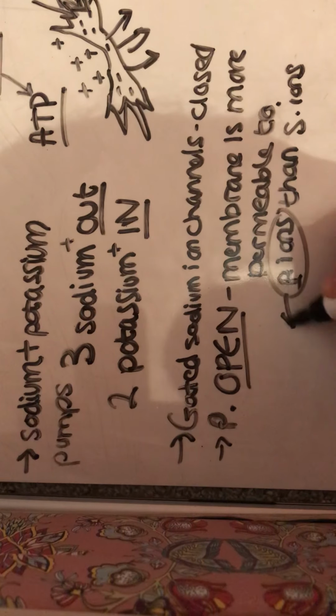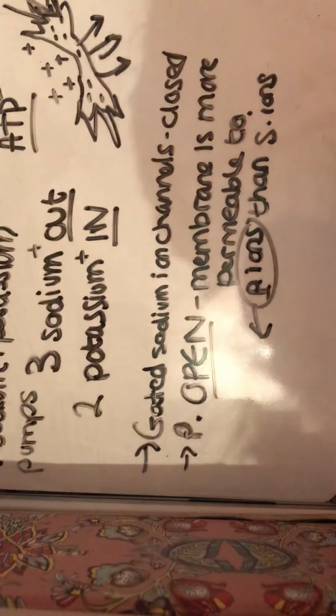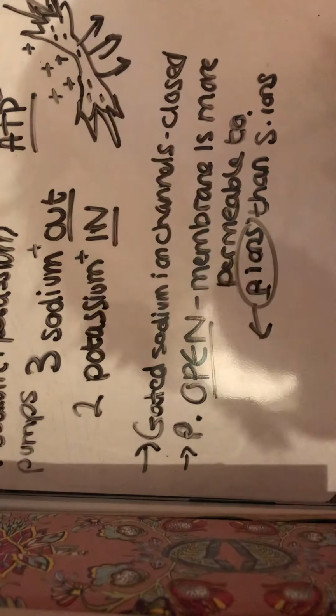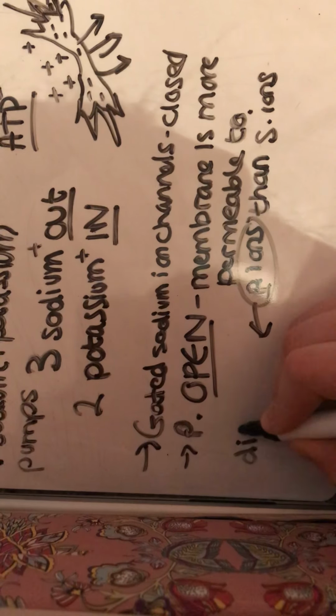So this is why our potassium ions will tend to diffuse out of the cell. So they're going to diffuse out.